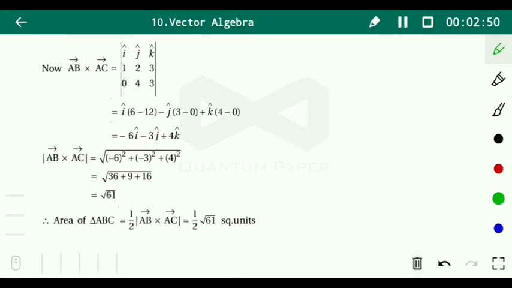So under root minus 6 square minus 3 square plus 4 square. So we get 36 plus 9 plus 16, so we get under root 61. Therefore area of triangle ABC is equal to 1 by 2 magnitude of vector AB cross vector AC, which is equal to 1 by 2 under root 61 square units.